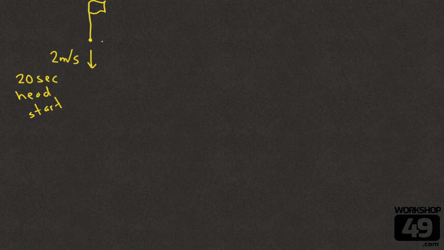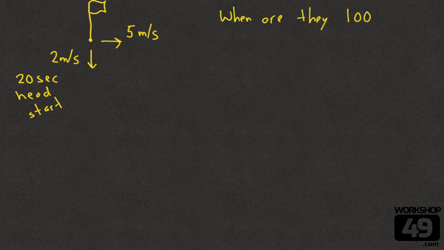After those 20 seconds, Jody then decides to start moving at 5 meters per second. This is still a variable side triangle. We still want to know, when are they 100 meters apart?